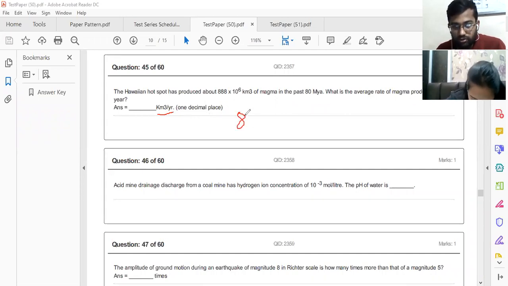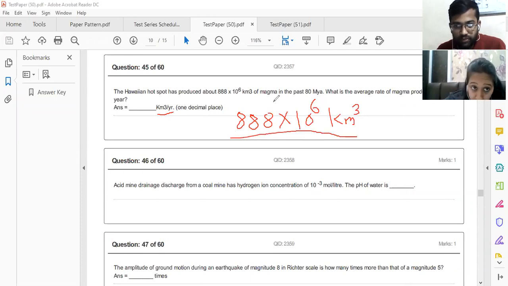So you have 888 multiplied by 10 to the power 6 kilometer cube. You need kilometer cube in numerator, so I put it there.